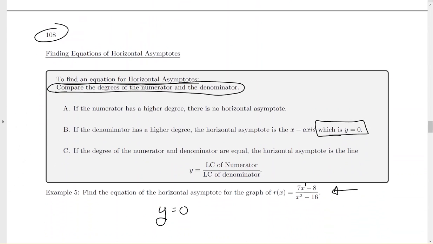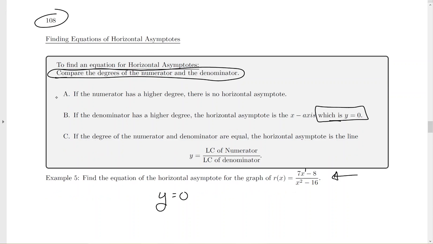We did how to find a horizontal asymptote, and that's all about looking at the degree of the numerator versus the degree of the denominator. And you have three cases that it's going to fall into. Either case A, where the numerator's degree is higher than the denominator, then you have no horizontal asymptote.